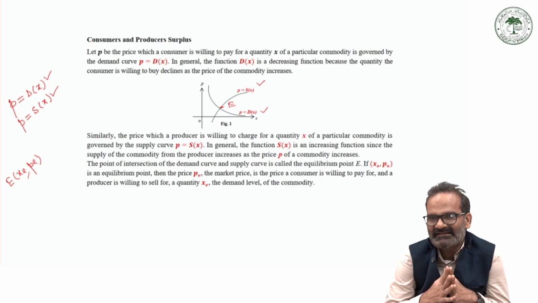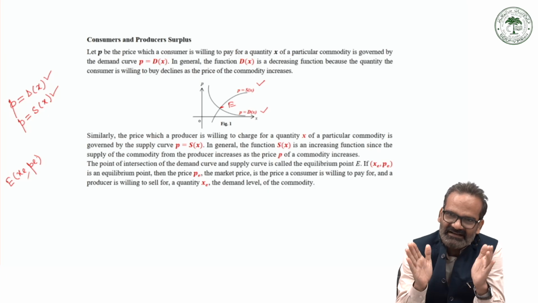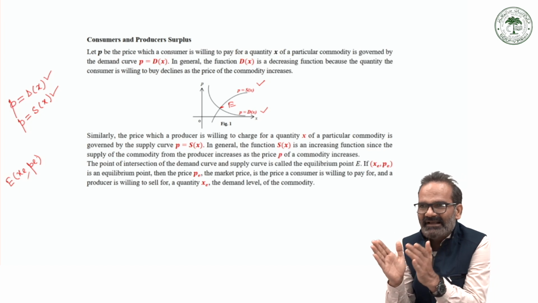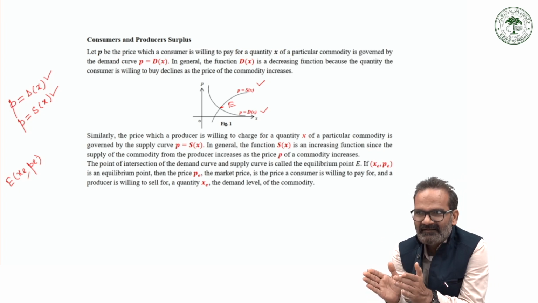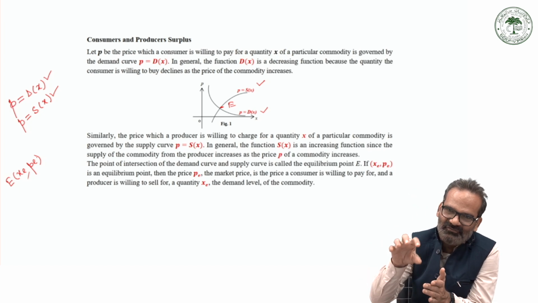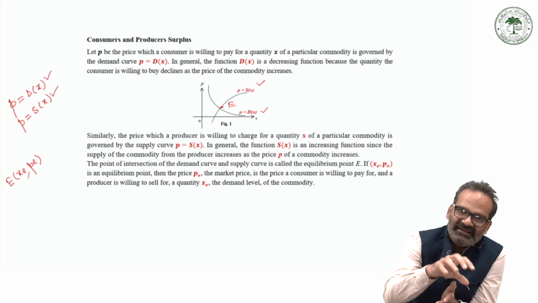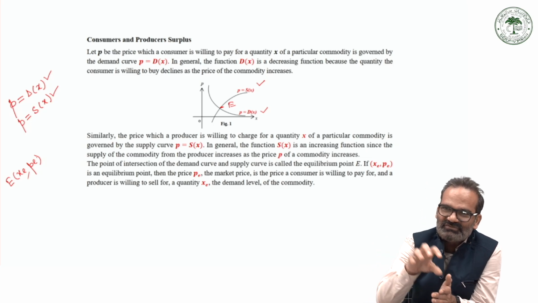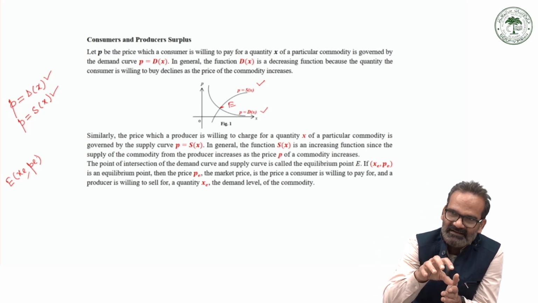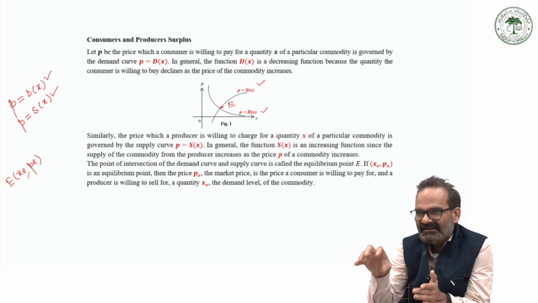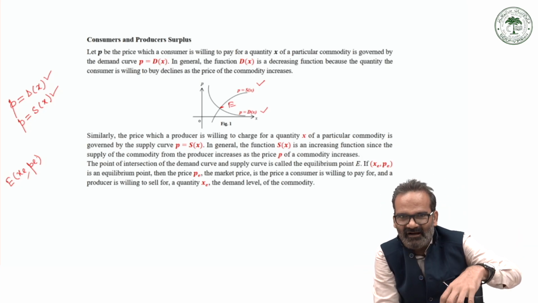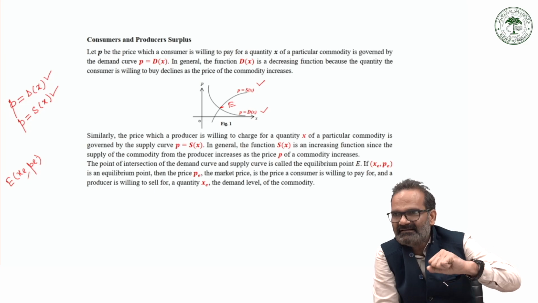It means the price PE has been decided by the market for the quantity XE. The consumer will willingly pay rupees PE to purchase a quantity XE, and a producer will charge the price PE for the commodity XE because the price PE is fixed by the market for a quantity XE, right?